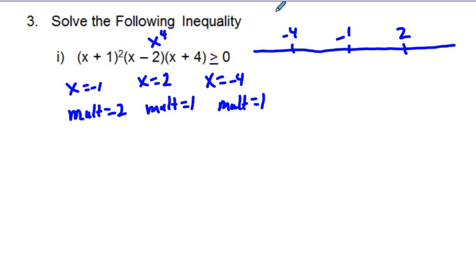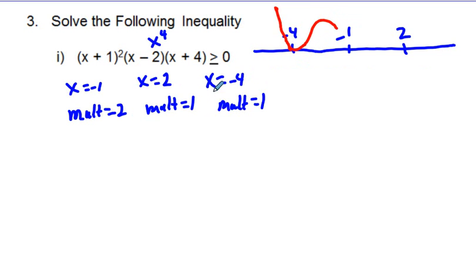So we come down here from high, and we go and we touch at negative 4. Now, with this zero, are we going to touch or cross the x-axis? Well, we have a multiplicity of 2, meaning we just touch and do not cross. So the graph of our function is going to bounce off the x-axis, come up here, and go to negative 1.